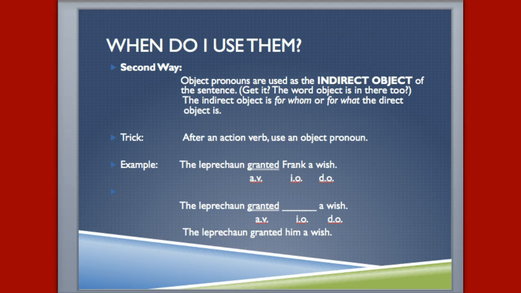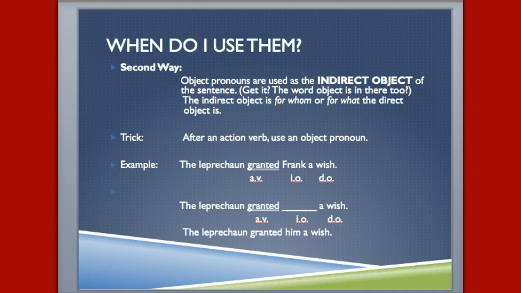Our second way is as the indirect object. Don't forget that indirect and direct objects both come after action verbs. Also, if you don't have a direct object, you're not going to find an indirect object in the sentence. So those two must go together. You can have a direct object without an indirect, but you can't have an indirect object without a direct object.